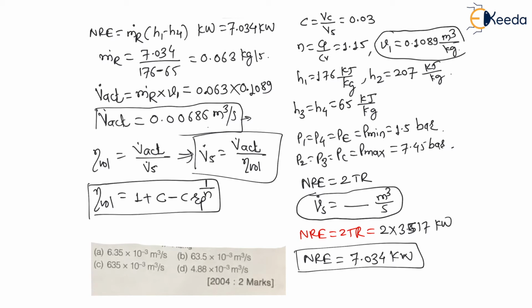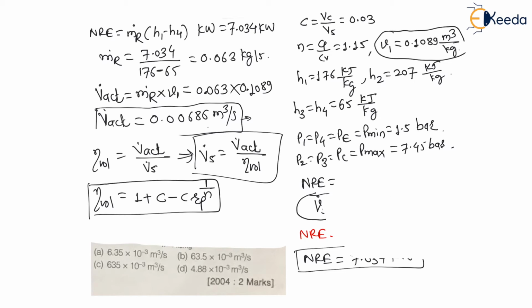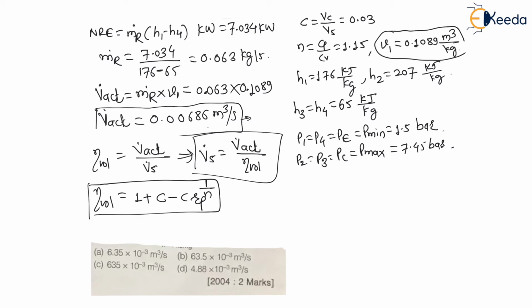So my dear students, I will first find volumetric efficiency, and then we will go for calculation of swept volume flow rate. Let us put the values. Volumetric efficiency is equal to 1 plus C, which is given 0.03, so 1 plus 0.03 minus 0.03. Rp, pressure ratio, is maximum pressure divided by minimum pressure.